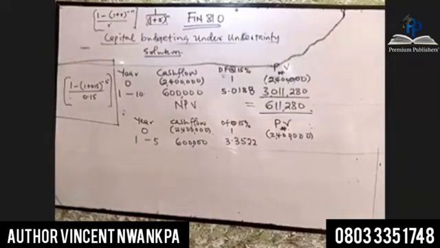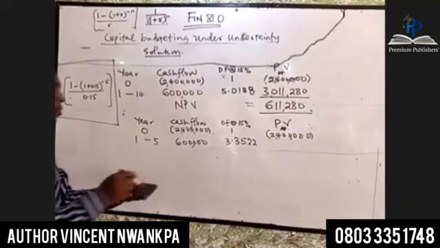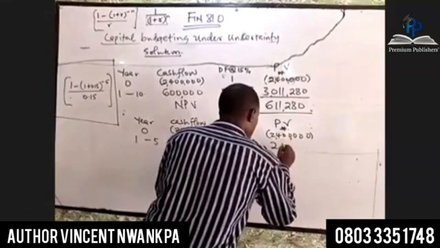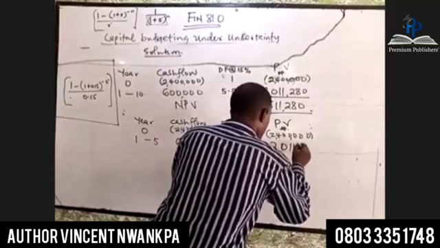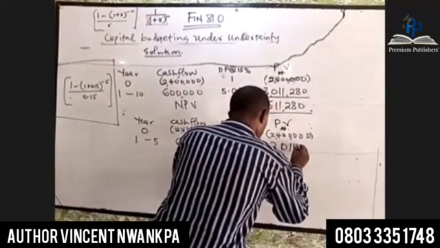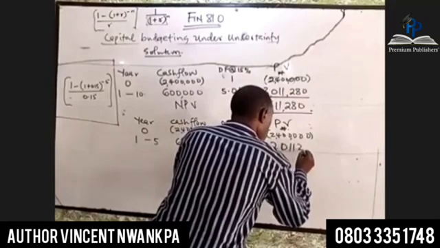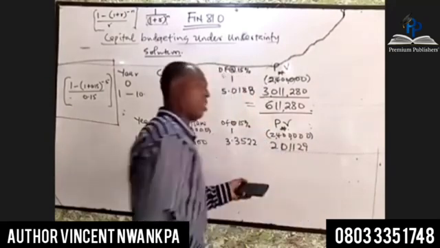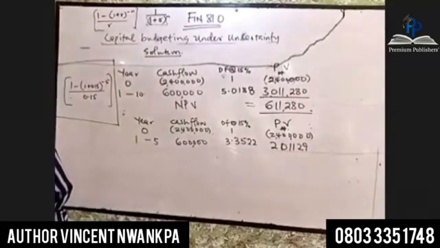Somebody multiply. 2 million, 011. 2 million, 011, 320. Are you sure it's 3? Yes. 3.3522. Okay, let me confirm it. We're using 3.3522 times 600,000.